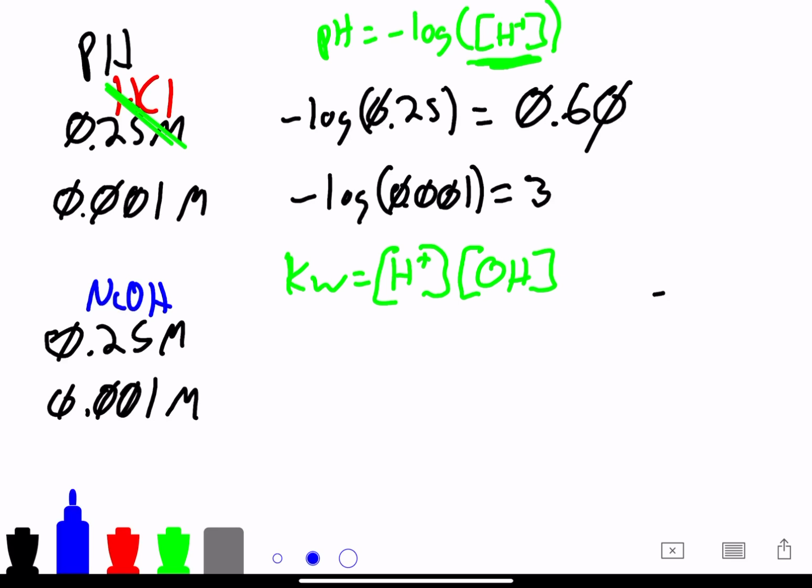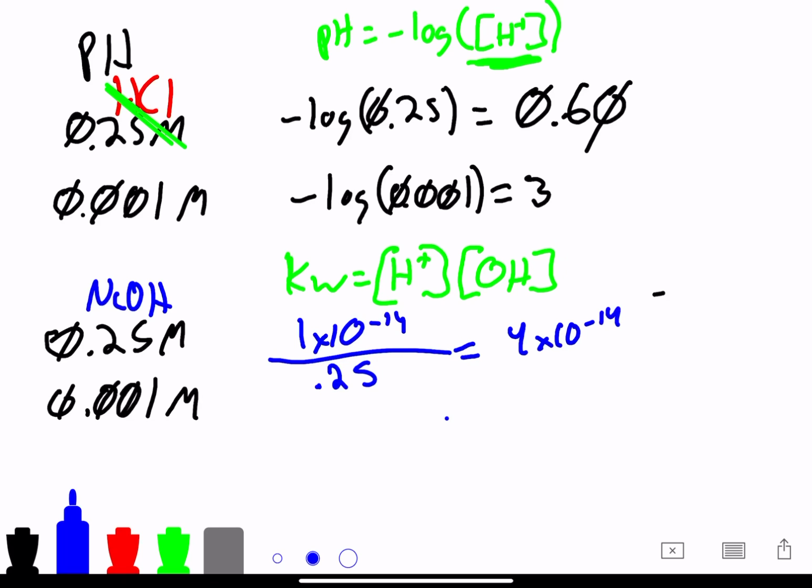So it would be Kw is 1 times 10 to the negative 14 over, now our concentration of OH is 0.25. So if we do 1 times 10 raised to the negative 14 divided by 0.25, what we're going to end up with is 4 times 10 to the negative 14th.